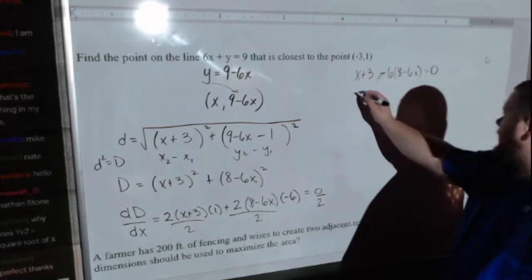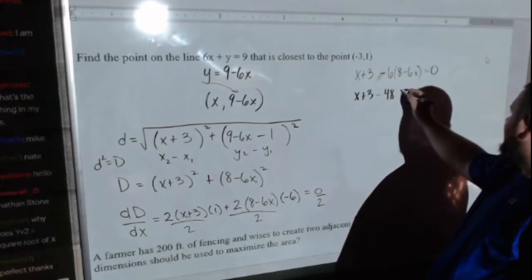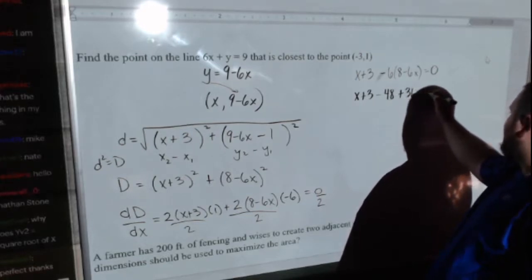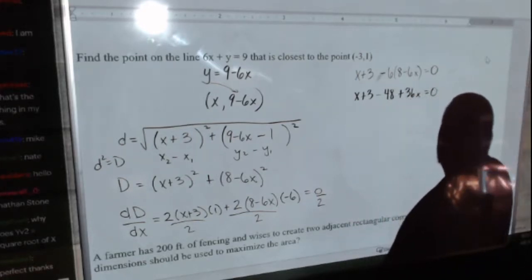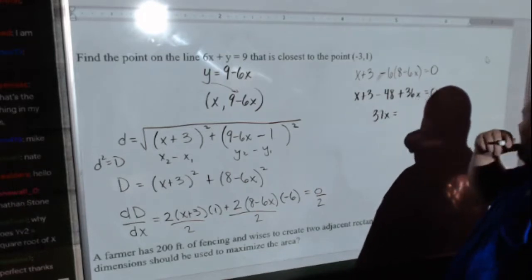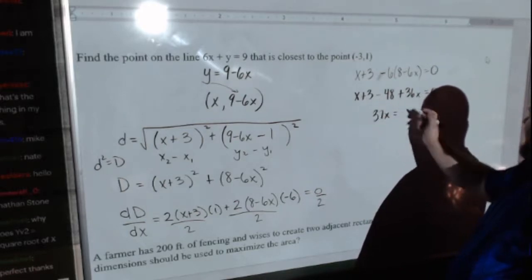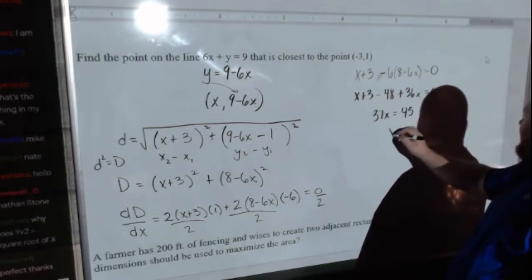So we've got x plus 3 minus 48 plus 36x. So it looks like 37x. And this minus 3 would be 45. Move to the other side.